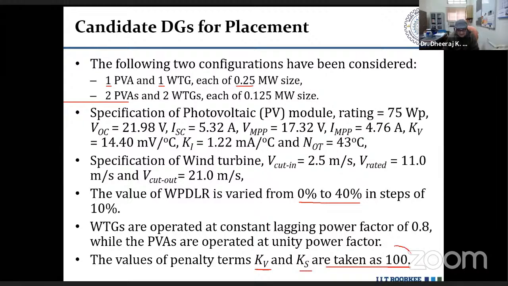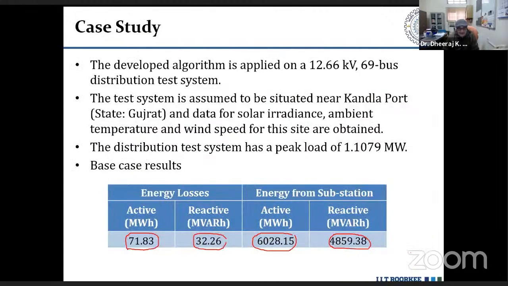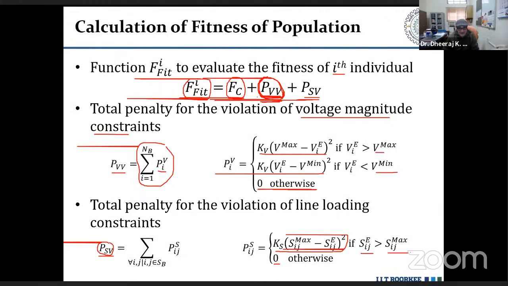This is selected after a series of trials. As I told you, this constant selection is very important. They are selected in such a manner that they can impact this value.